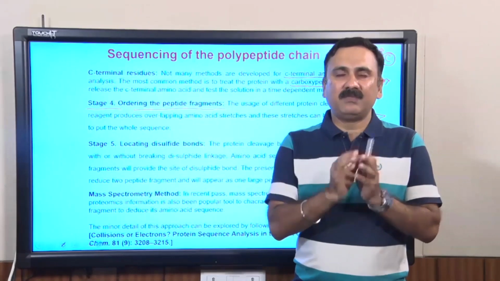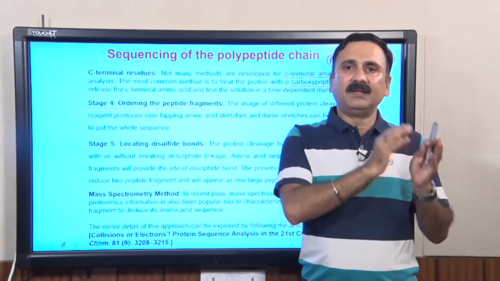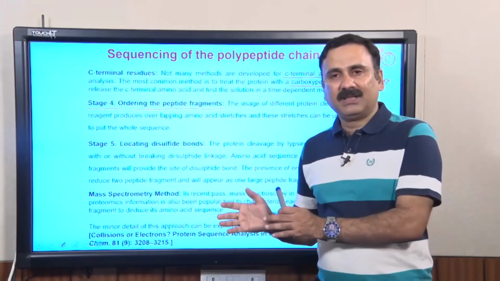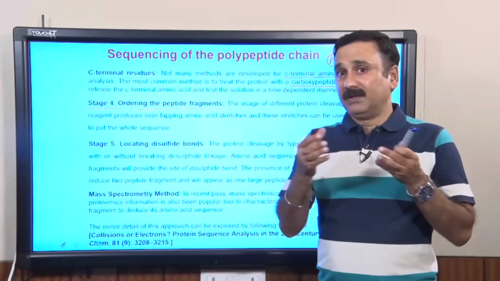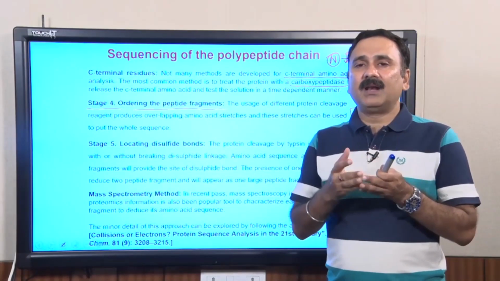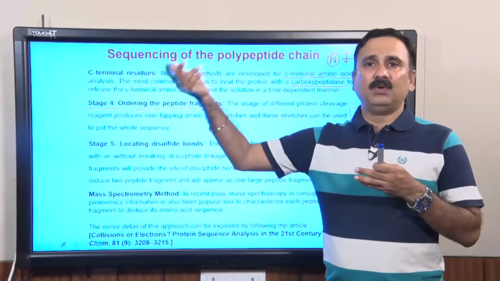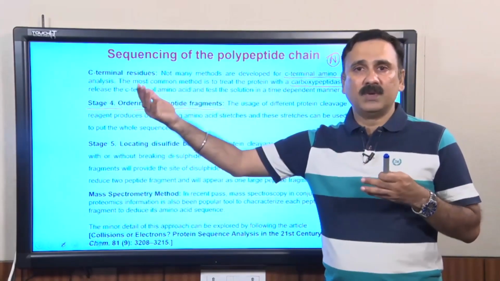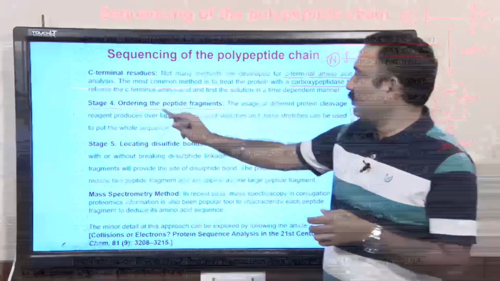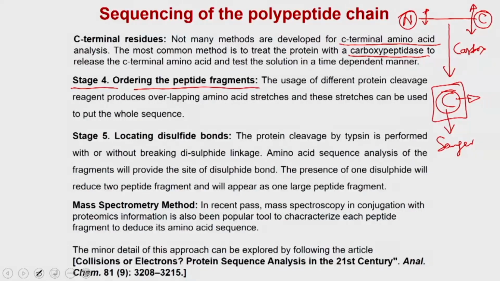These peptide fragments you have sequenced either by the Sanger method or the other method, and now you have the sequences, but these sequences are not going to give you the original sequence of the protein. The second step is to put these peptide fragments into a particular order, so that you will be able to get the original sequence.